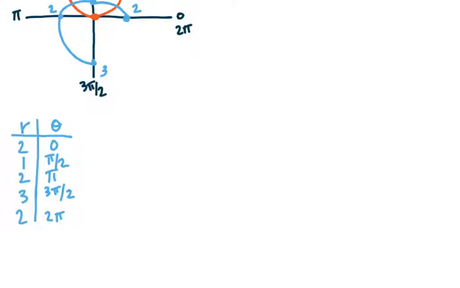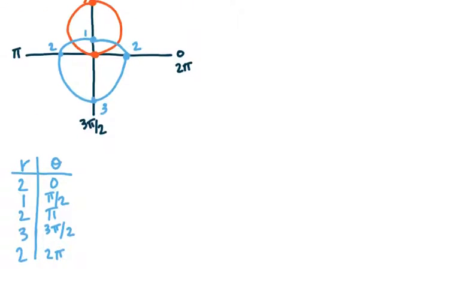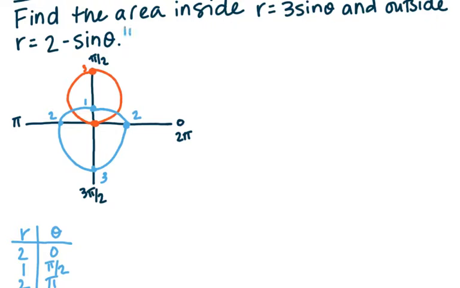And that completes the cycle. So this one has a period. This one is a limacon without loop. It's from 0 to 2 pi. It also has y-axis symmetry.